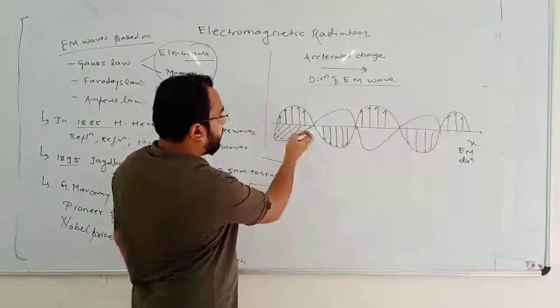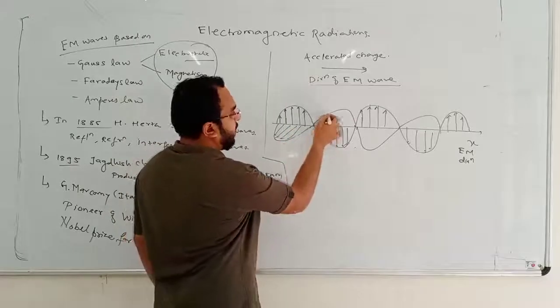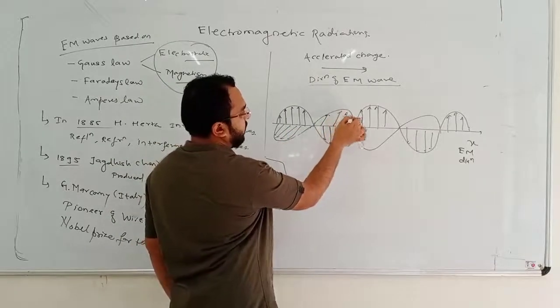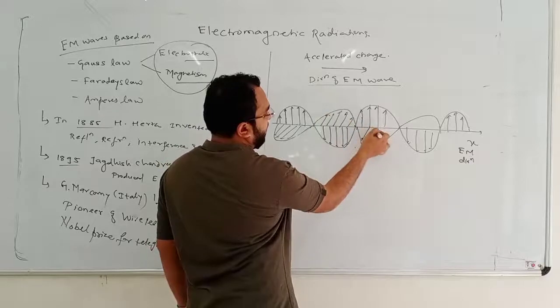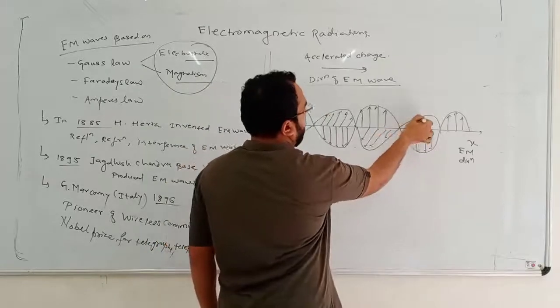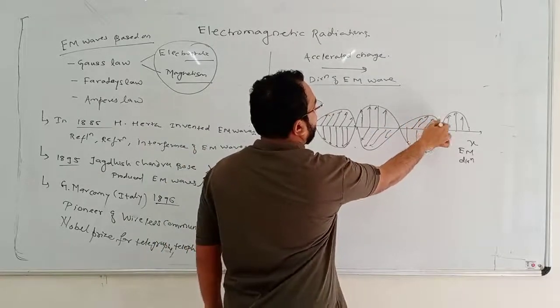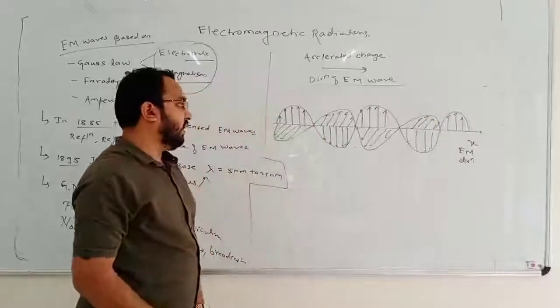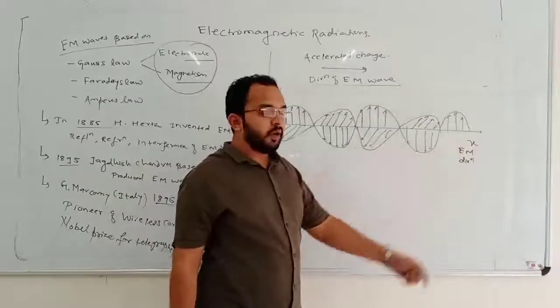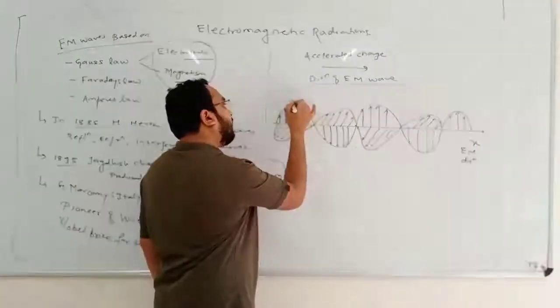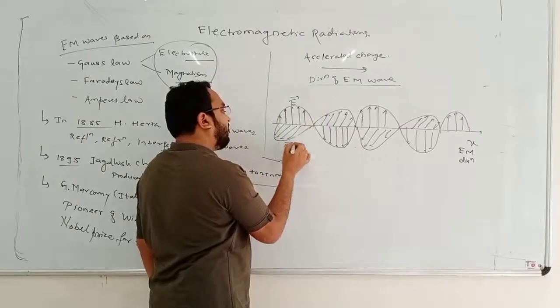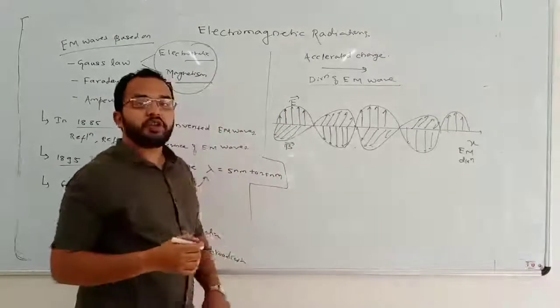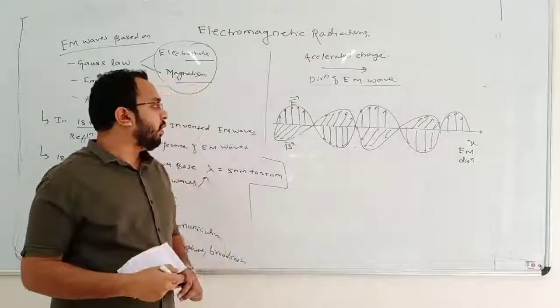Left to right, back to front, bottom to top. So we can conclude that all three, that is the direction of electromagnetic waves, the electric field and the magnetic field, are perpendicular to each other.